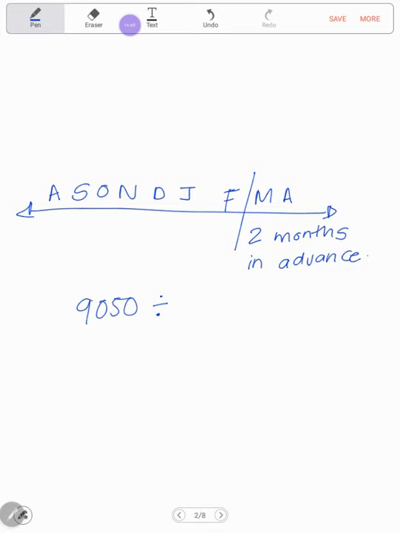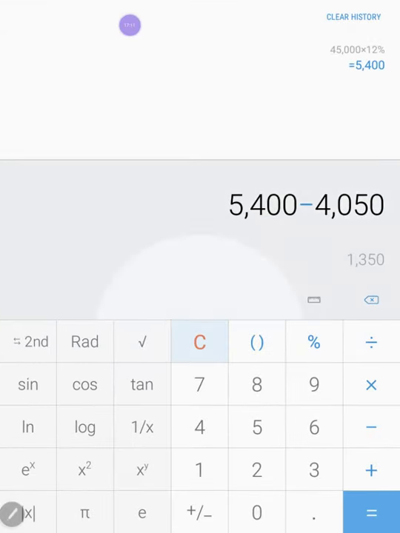So how many months did the tenant pay us for? We have to establish what is the rent per month. So 1, 2, 3, 4, 5, 6, 7, 8, 9. The tenant has paid us for 9 months. So 9,050 divided by 9 months.